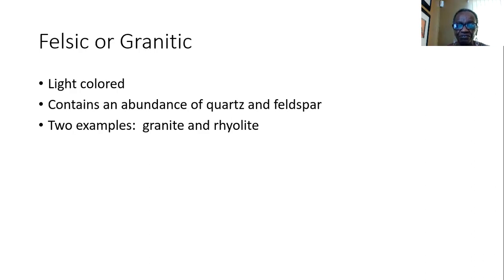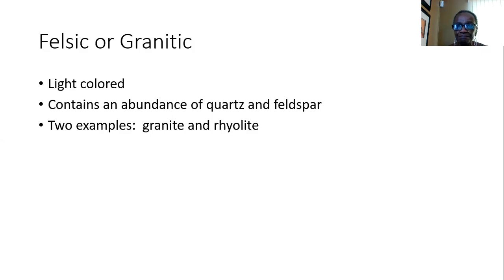If it's felsic, if you look at the term, felsic should remind you of the first 3 letters of the most abundant silicate mineral, and that is feldspar. And so felsic igneous rocks have an abundance of feldspar and quartz in them.